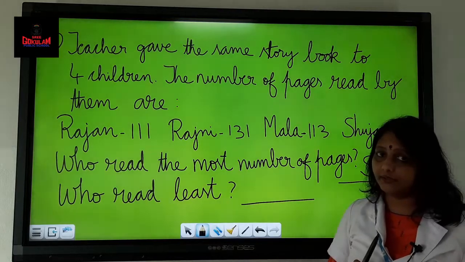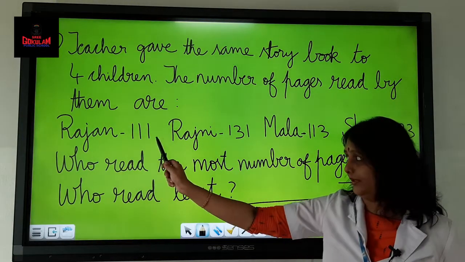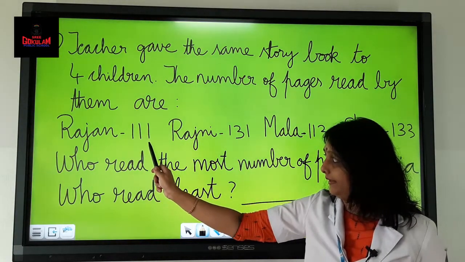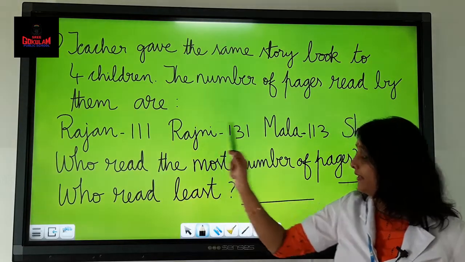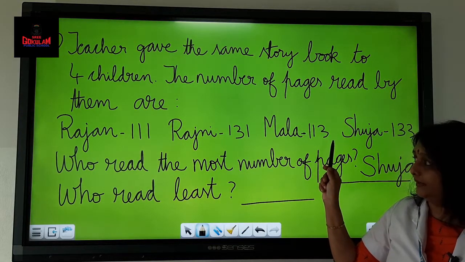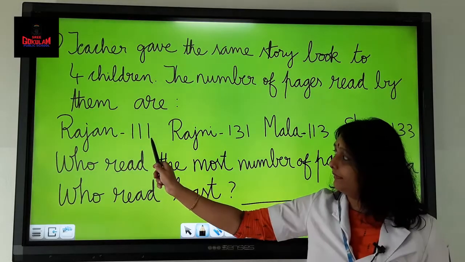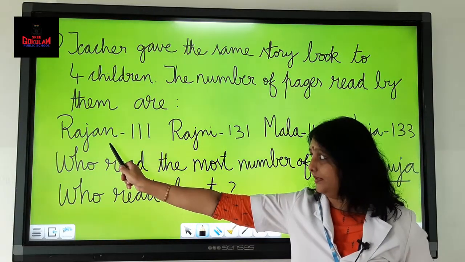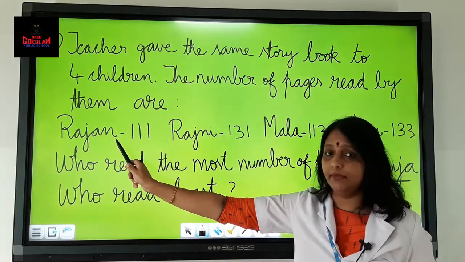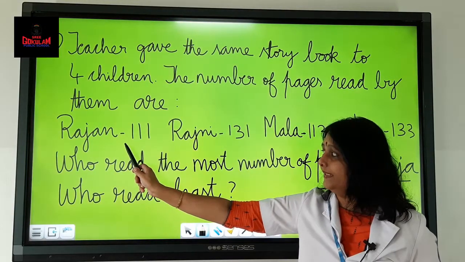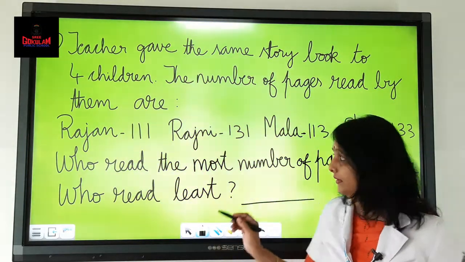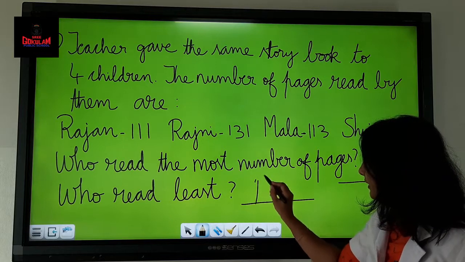Which is smaller, 1 or 3? 1. So, 111 is smaller than 113. Who read 111 pages? Rajan. So, Rajan is the one who read the least number of pages. So, let me write the answer, Rajan.